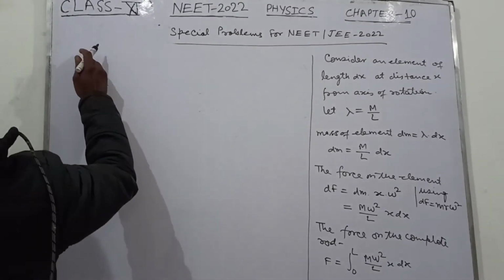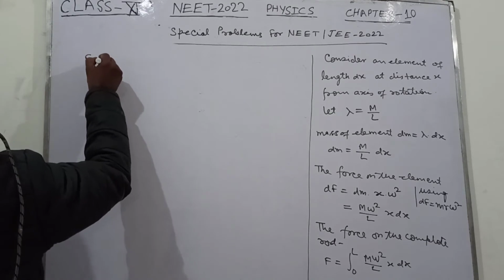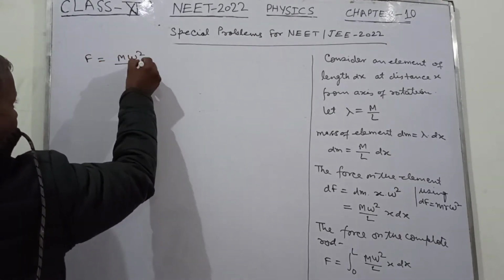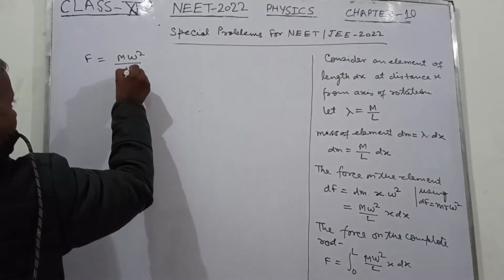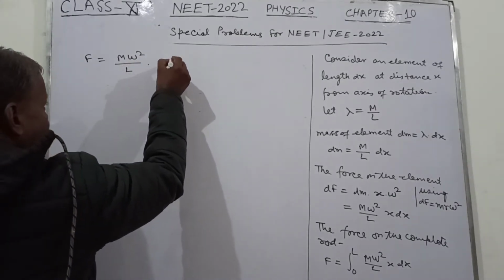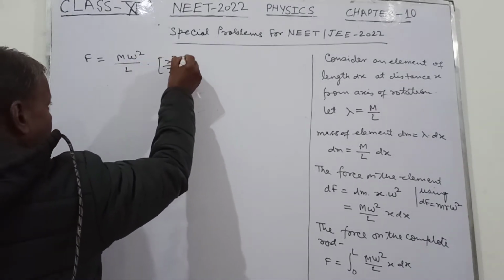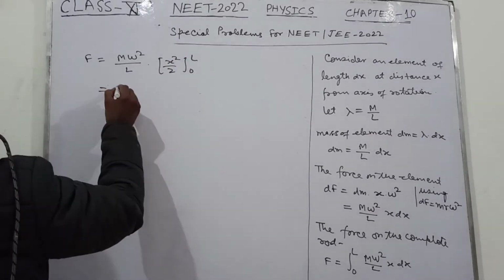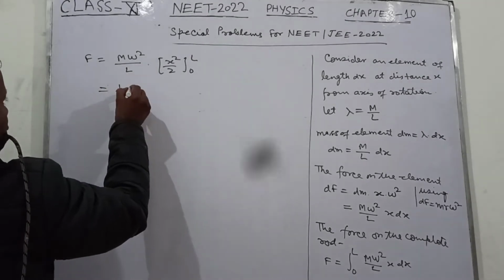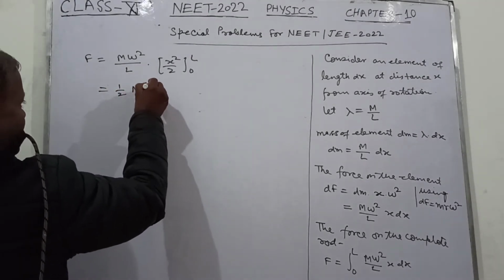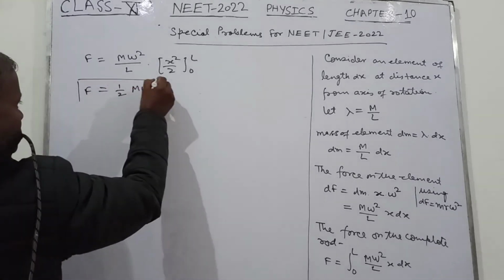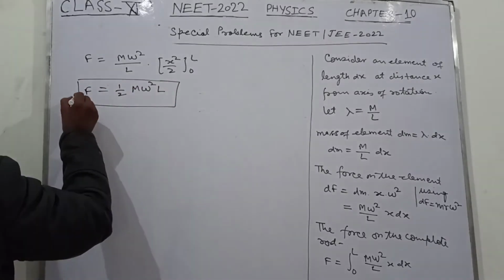And this F is equal to m omega square upon L into x square upon 2, limits 0 to L, and this will give you 1 by 2 m omega square L. This is the force.